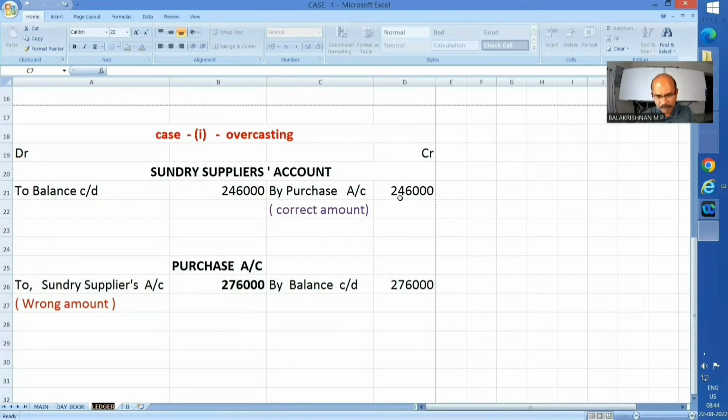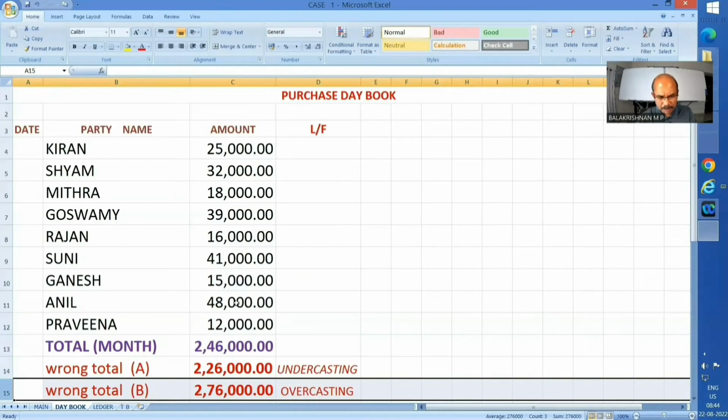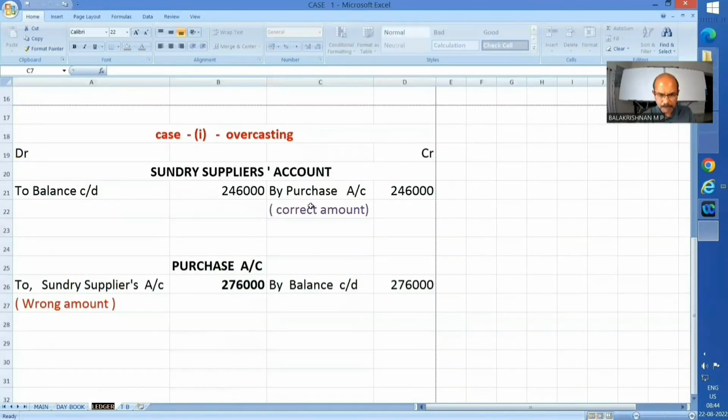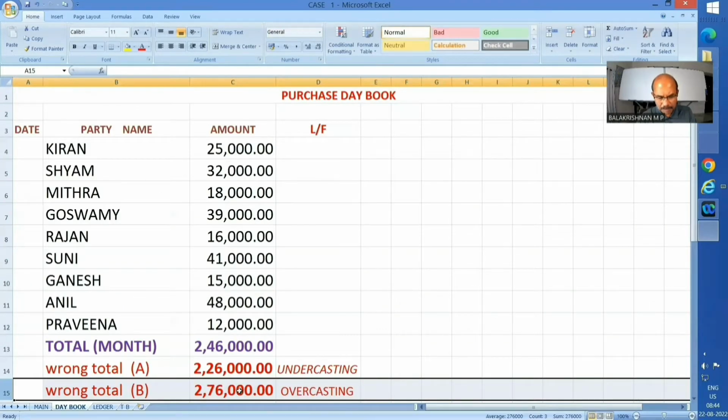I already explained, no damage done, because all these individual accounts have been properly posted and properly balanced, and the sum total of 2,46,000 only will be shown here. No damage in respect of sundry suppliers account. Whereas purchase account, 2,76,000 he will be forced to show, because that is the total he has made by mistake for the time being, right?